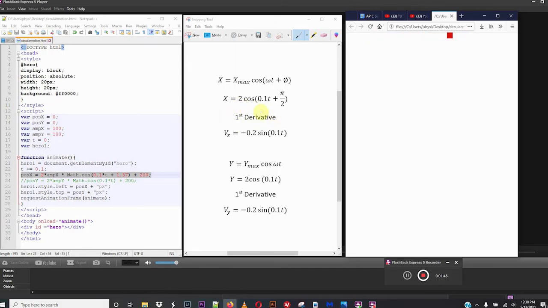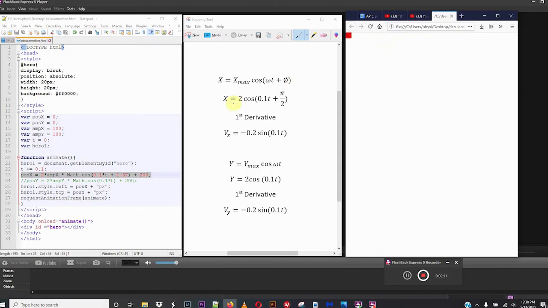Well, we're going to take the first derivative of this formula right here. We've done this multiple times at this point, and that gives us a velocity of x of negative 0.2 sine 0.1 t. Now, what's the significance of this 0.2? Well, that's going to be our maximum velocity, and that's going to occur when it crosses equilibrium right here.